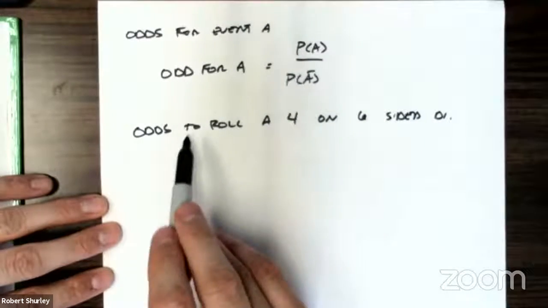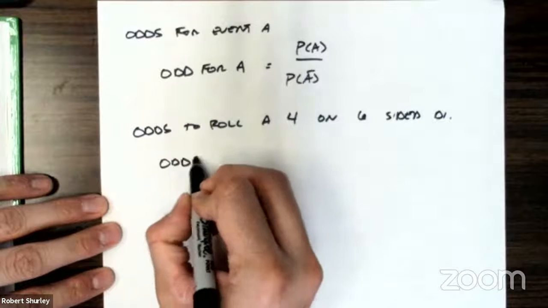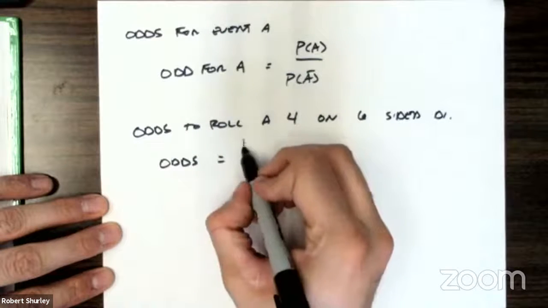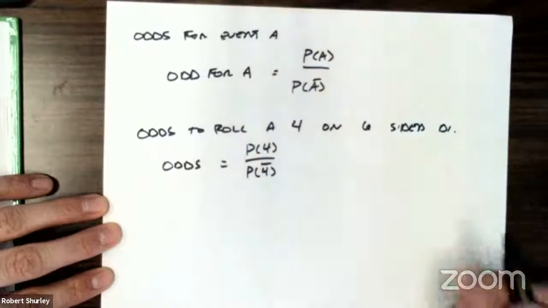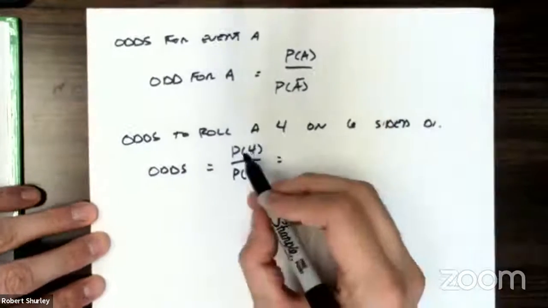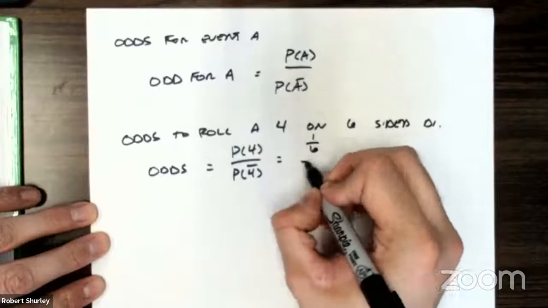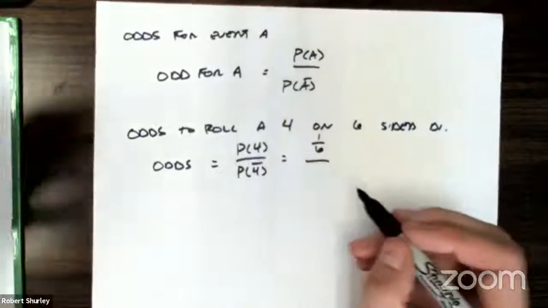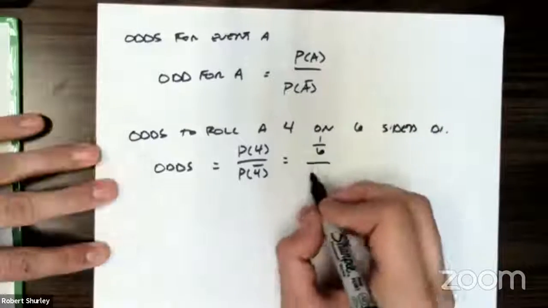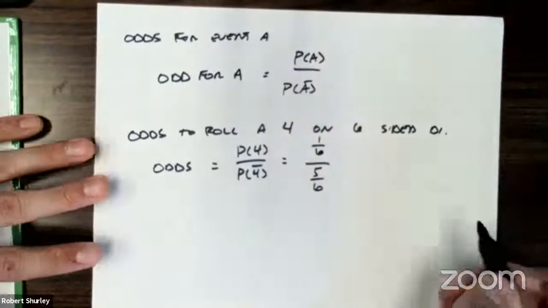That's its probability of being rolled. So if I want the odds, it would be the probability of rolling a 4 over the probability of not rolling a 4. We know the probability of rolling a 4 is 1 out of 6, right? And the probability of not rolling a 4, that's 1, 2, 3, 5, and 6. So that's 5 out of 6.